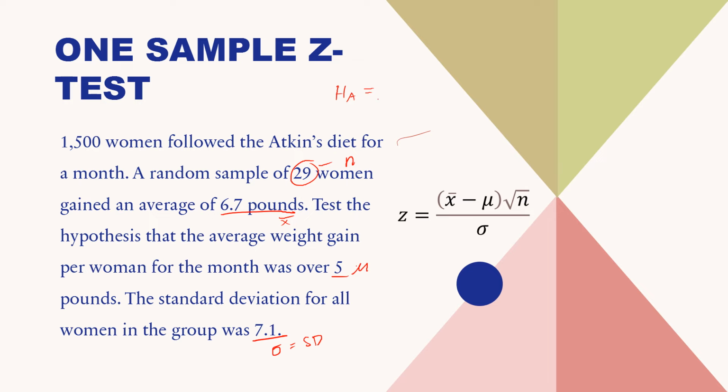So our hypothesized mean is greater than 5. Okay, and our null hypothesis is less than or equal to 5. So I'm not writing it anymore. I'm just using the mathematical representations.